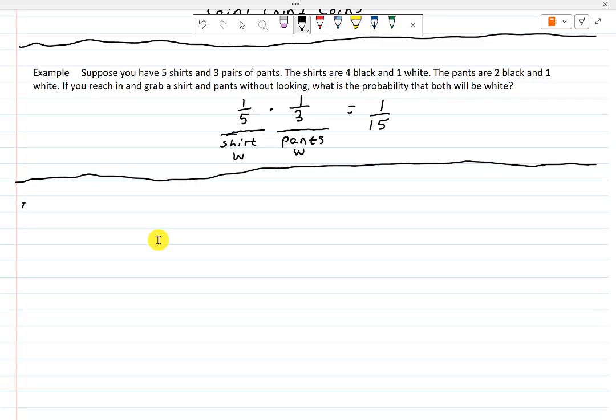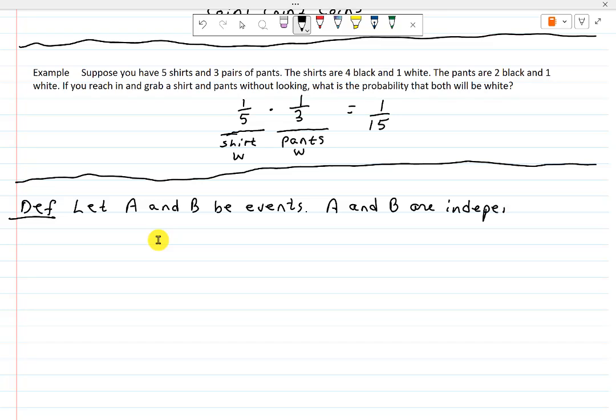Let me grab a couple of definitions up here. Let A and B be events. A and B are independent. That's the vocabulary word here.